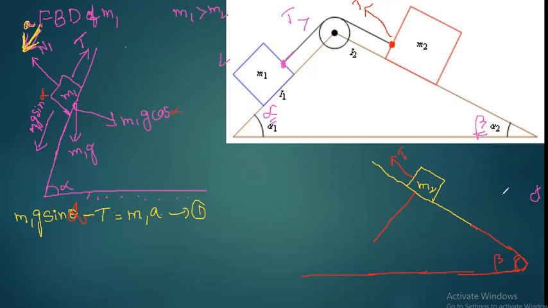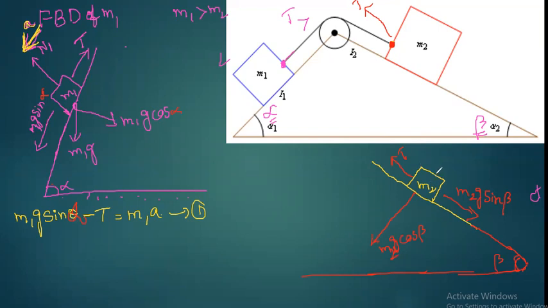What happens? M2, this is T, tension, and then this is M2G cos beta, got it? And this T is acting. So parallel to the inclined plane is what? Yeah, M2G sin beta, very good, correct. What do you do now?